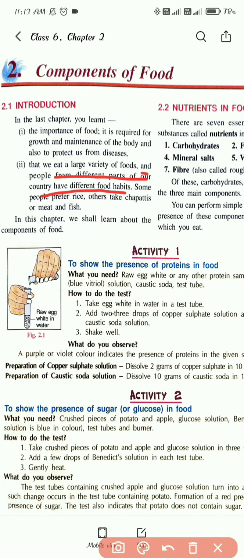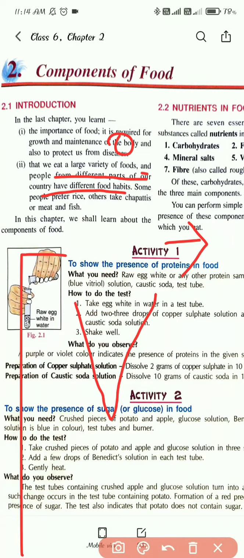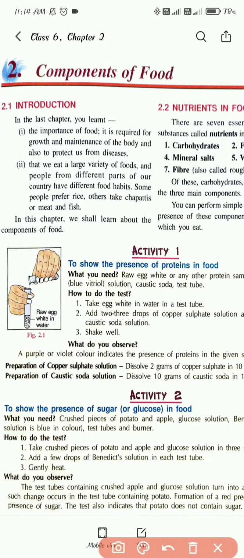Our country is divided into many states. The southern part will eat some things, the northern part will eat other things, the northeast people will eat something, the western people will eat something, the central part of India will eat something. So all the different parts of our country have different food habits.